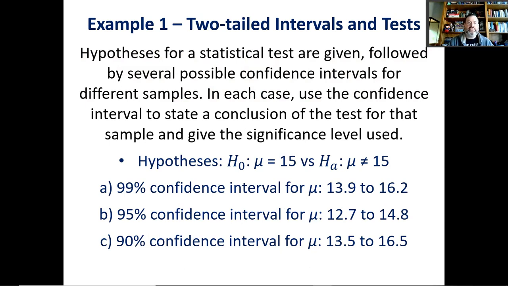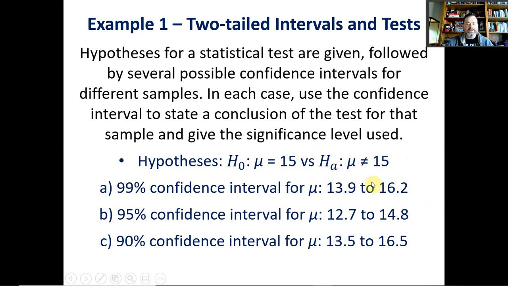So here the hypotheses for a statistical test are given, followed by several possible confidence intervals for different samples. In each case, use the confidence interval to state a conclusion of the test for that sample and give the significance level used. So if we're testing mu equals 15 against mu not equal to 15, the idea is, what does this confidence interval tell us about the believability of 15 versus not 15?